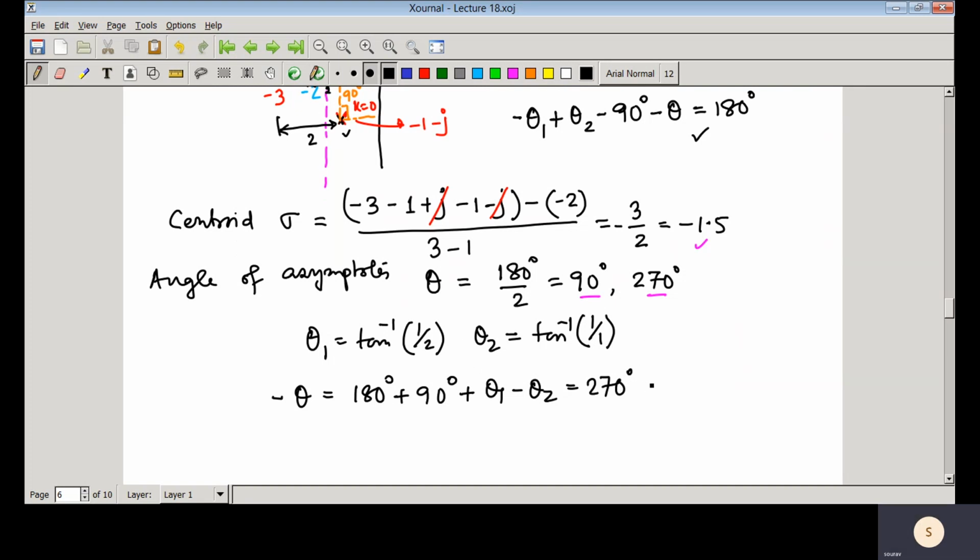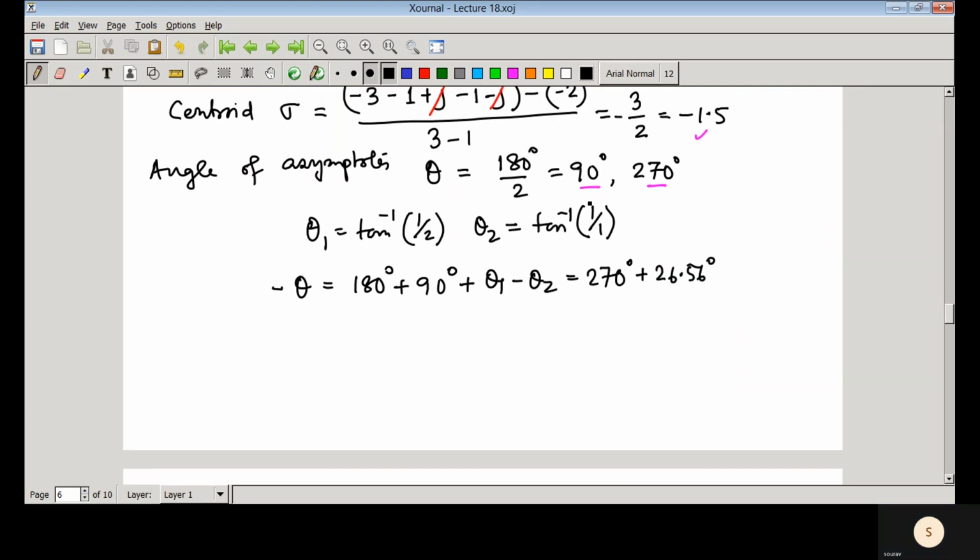Theta 1 is 26.56 degrees, and theta 2 is 45 degrees, so you would have that angle 251.6 degrees. So theta equals minus 251.6 degrees, or it would be 108.4 degrees.